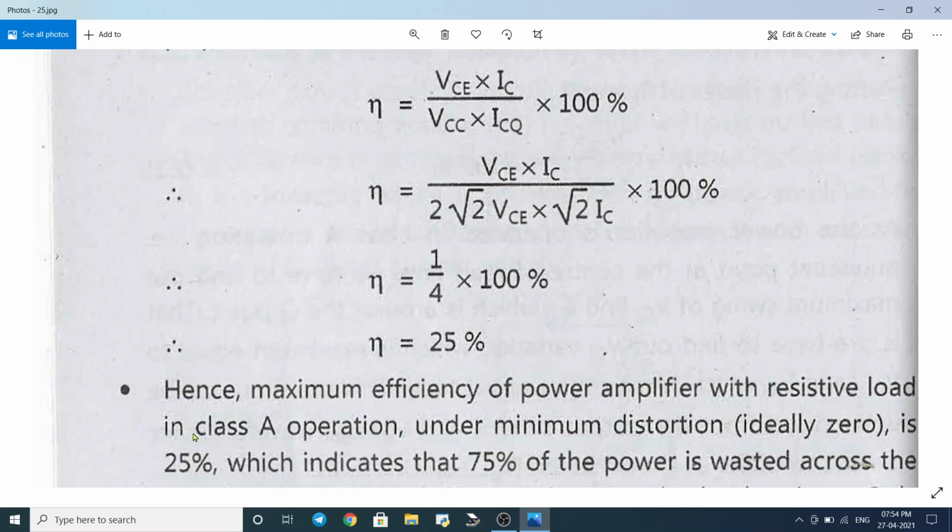The efficiency is only 25%, which means how much? 75% of the DC power consumed from the DC source is wasted across the power transistor due to heating of the power transistor and wasted across the load resistor.